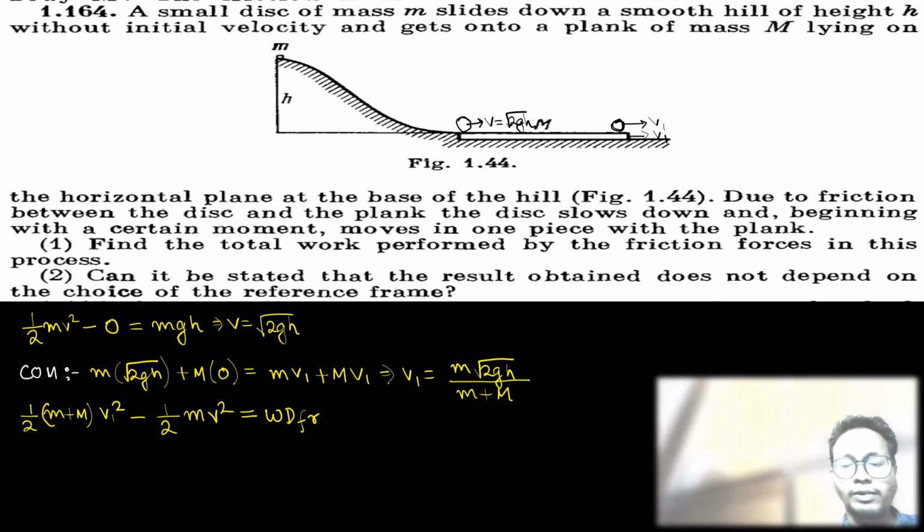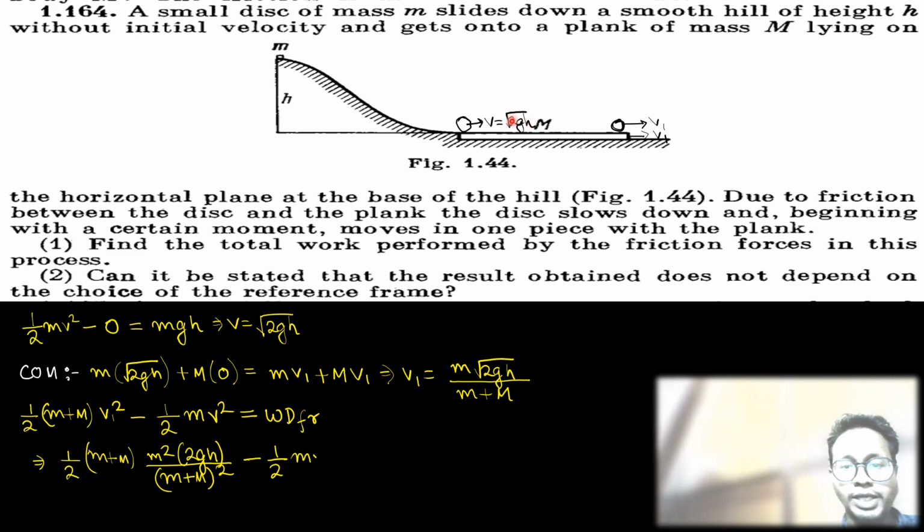So out here I can simply write half (m plus M) into v1 square. What is v1? v1 is this value, and the square of v1 is nothing but m square into 2gh divided by (m plus capital M) whole square, minus half m v square.